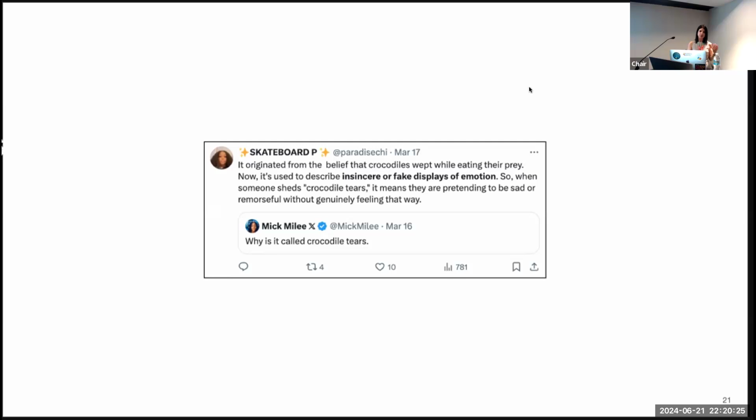And so they have been specifically trained on these definitions. We know that. When I Googled part of the crocodile tears explanation by ChatGPT, I found high overlap with this tweet specifically that described it as insincere or fake displays of emotion. It also cites the origin using different words, but it's definitely in the data.